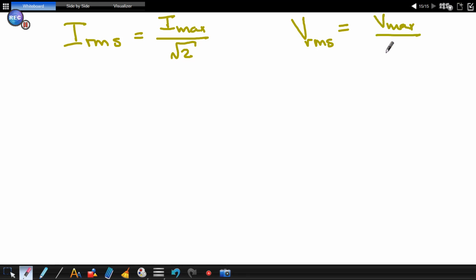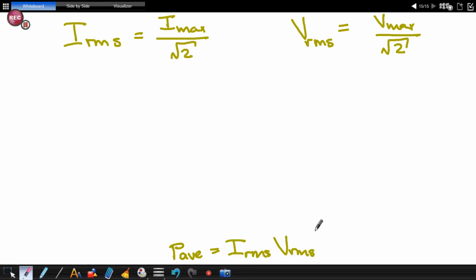So your I RMS is the maximum current divided by the root of 2, and your V RMS is your maximum voltage divided by the root of 2. And they together give you the P average. The average is I RMS times V RMS. I just swapped the two quantities around. It doesn't make a change.